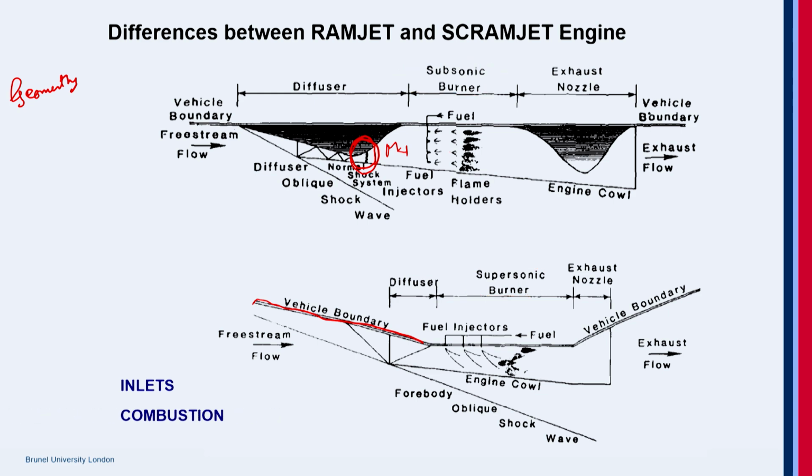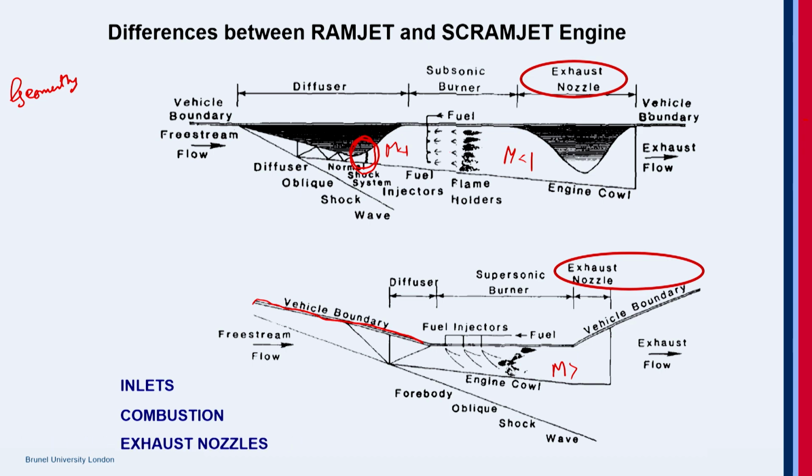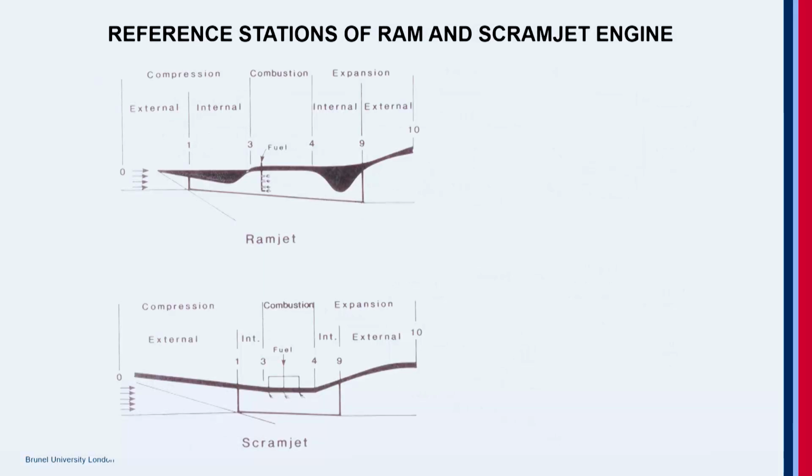Because the combustion takes place at subsonic conditions for the ramjet, you need to accelerate from subsonic to supersonic, so you need a convergent divergent nozzle. In the scramjet, the charge is already at supersonic speed, so you don't need anything convergent, which is going to be detrimental. So you need to have only a divergent section here. So that's the difference between the two systems.